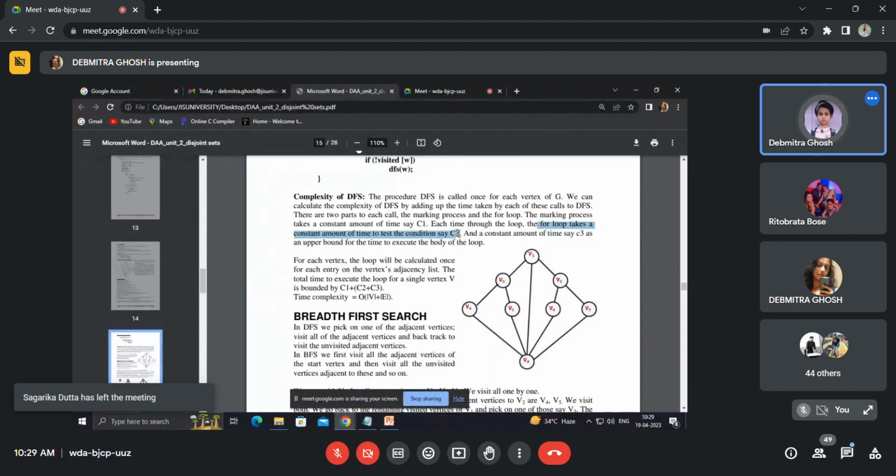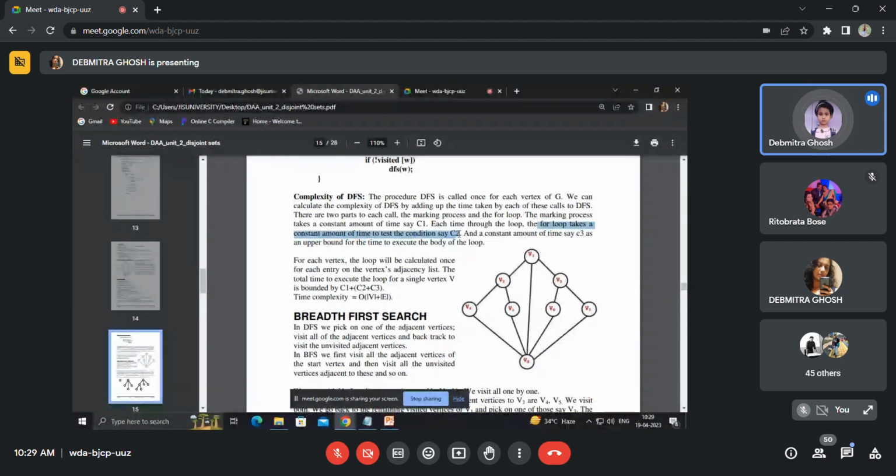We also consider whether the loops are in parallel or in series. Then we also have a constant amount of time for execution, the maximum amount of time a particular code will take to run. That we consider as the upper bound. So C3 is that upper bound.